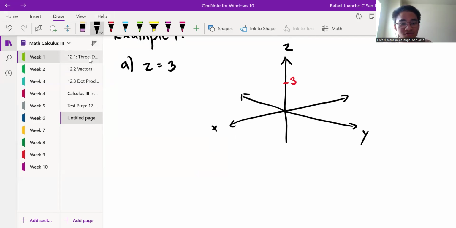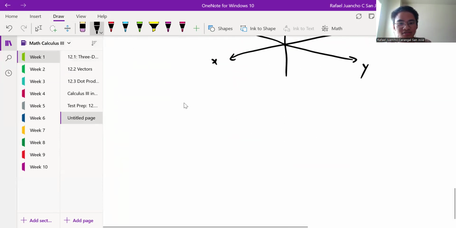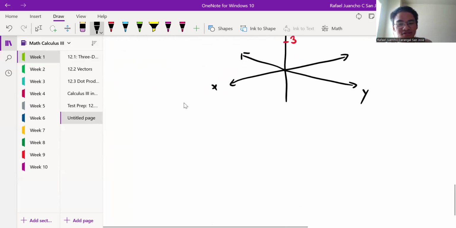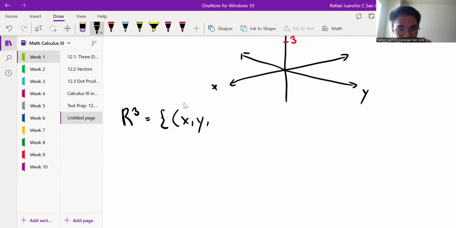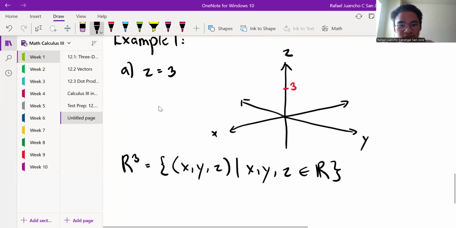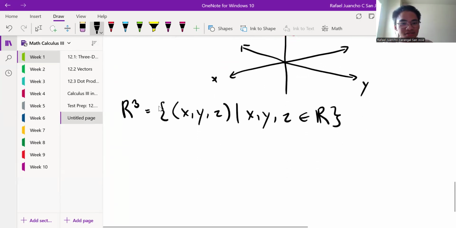Now, we have to describe the surfaces we can get if Z is 3, right? So we can look back at our conceptual idea that our cube is the set of all the possible points in this 3D space. But now we want Z to be 3. So what does that mean?